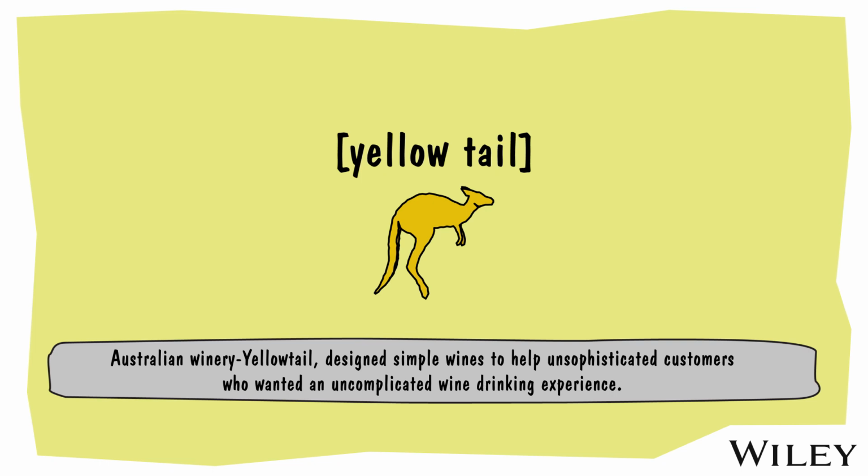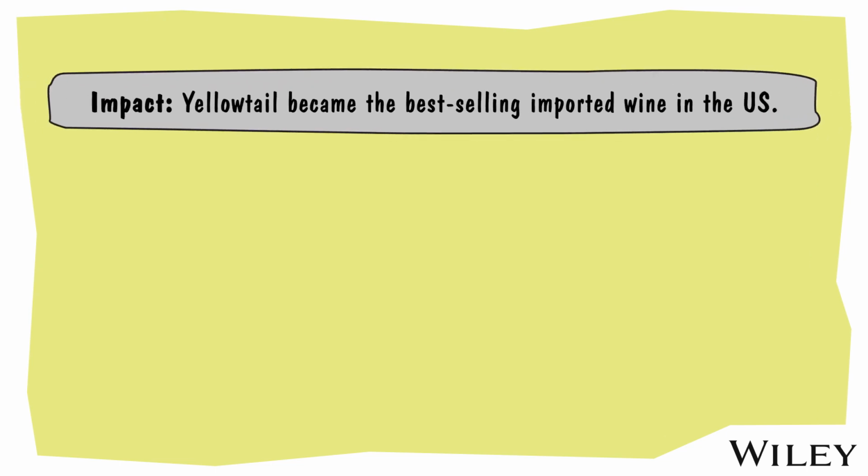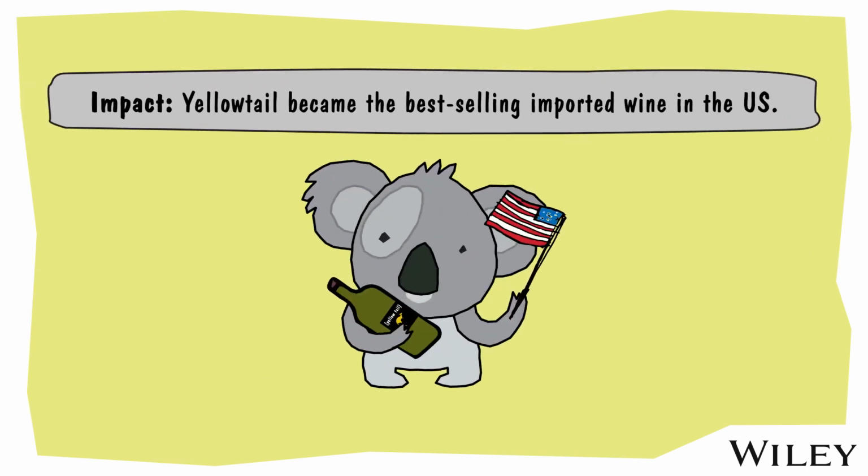They designed simple wines to help unsophisticated customers during the selection step when they chose which wine to buy, and during the consumption step, so they could drink Yellowtail without knowing or caring about the traditions and rituals. Yellowtail became the best-selling imported wine in the U.S.